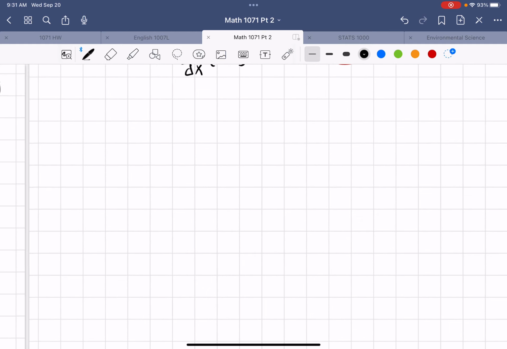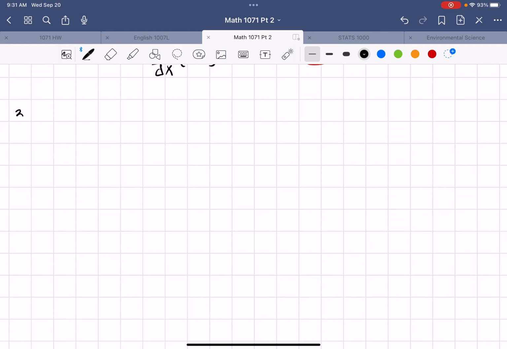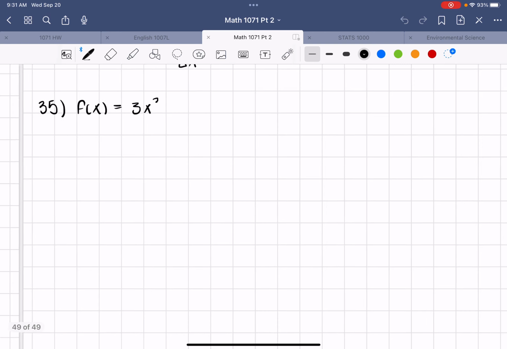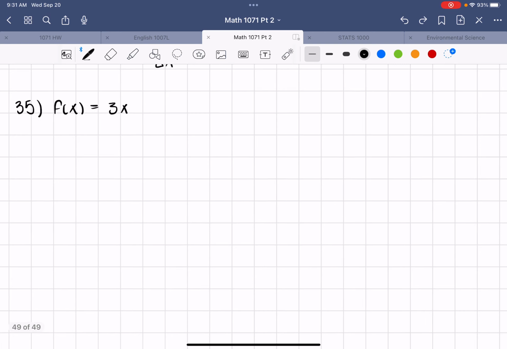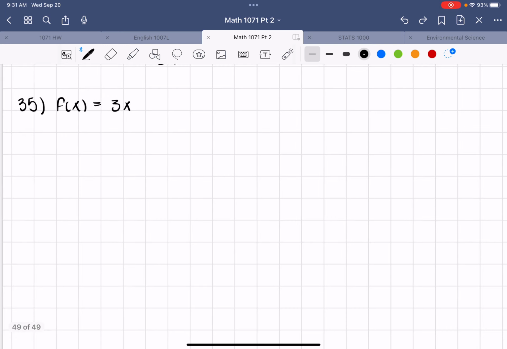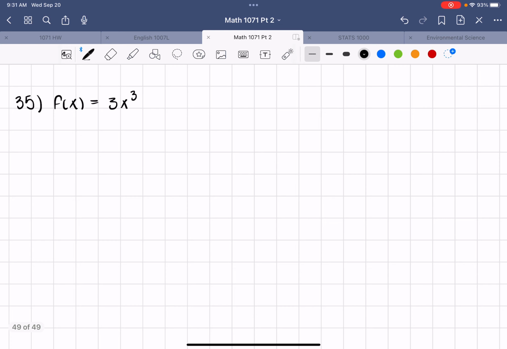Here we have f of x is equal to 3x squared plus 3 over x. Did I say? I misspoke. 3x cubed. I miscopied the problem.